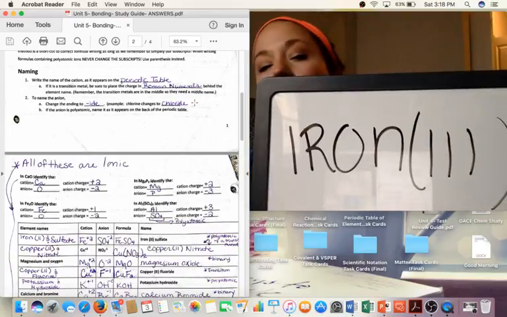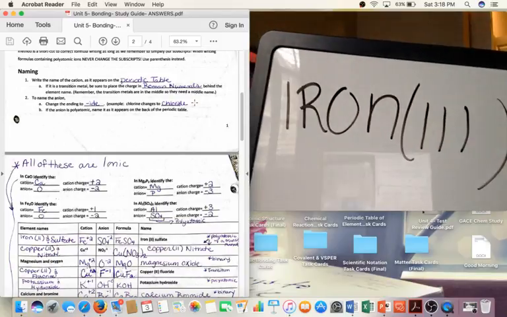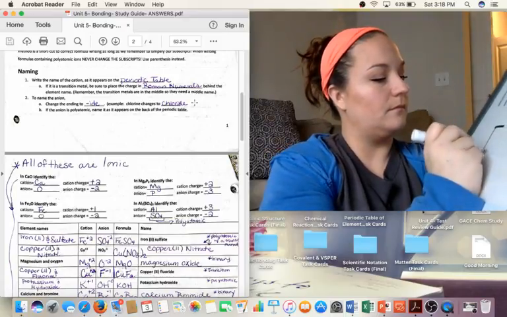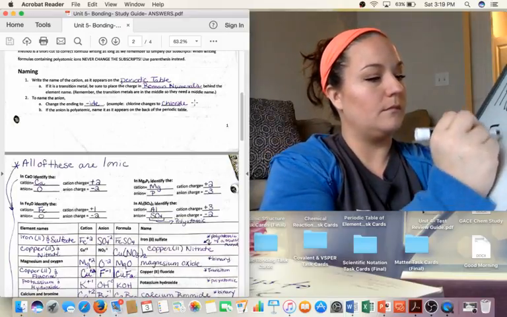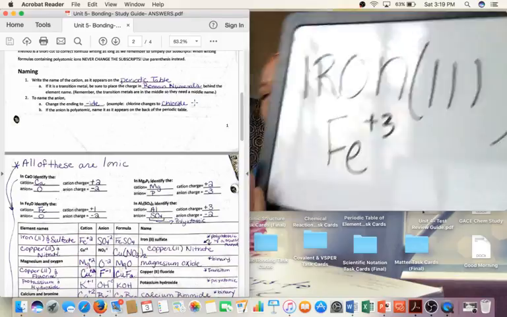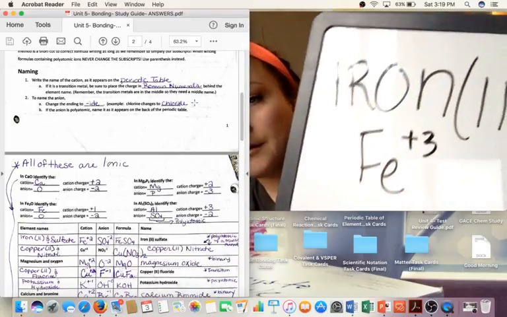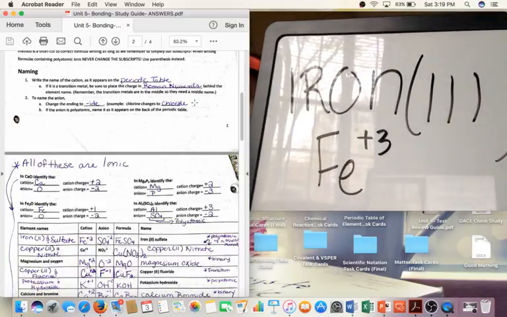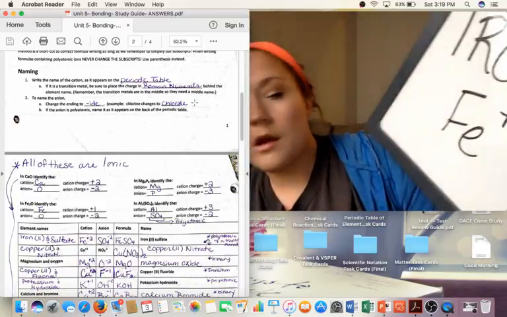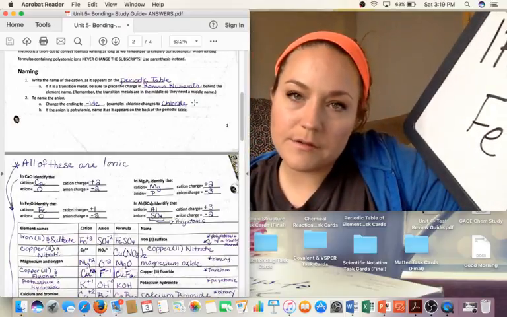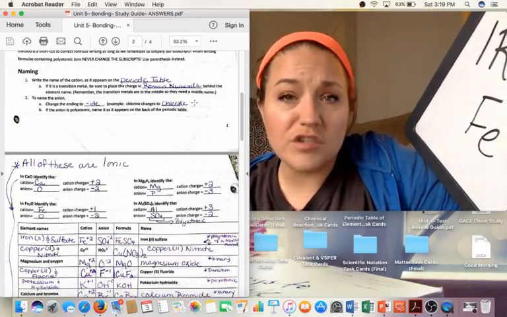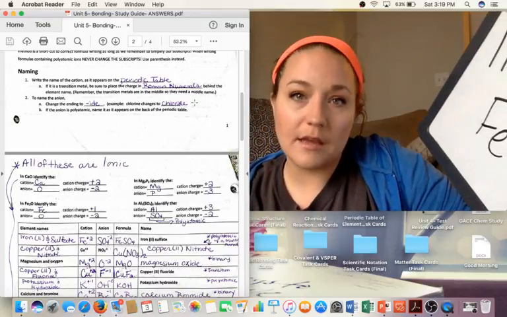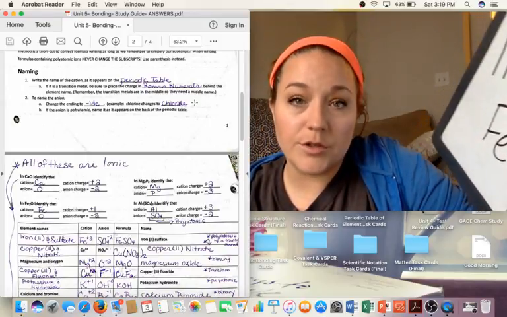So if I had iron 3, when I write out its symbol, what that is saying is that it is iron with a +3 ionic charge. All transition metals will be positive. You just have to figure out how many positive ions they have. And that's what the Roman numerals help you do.